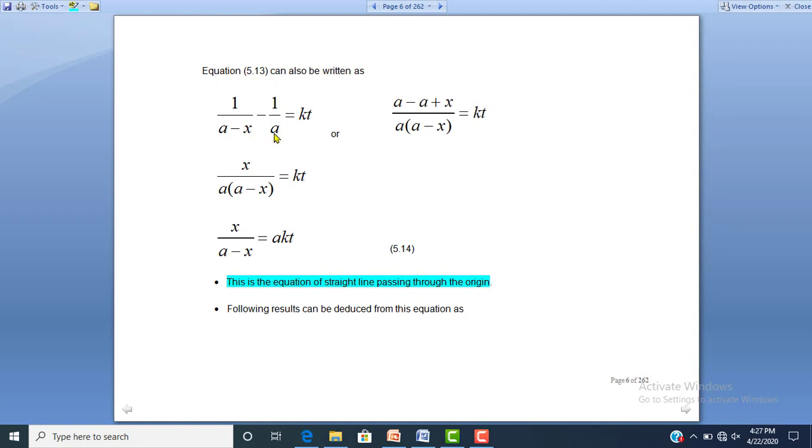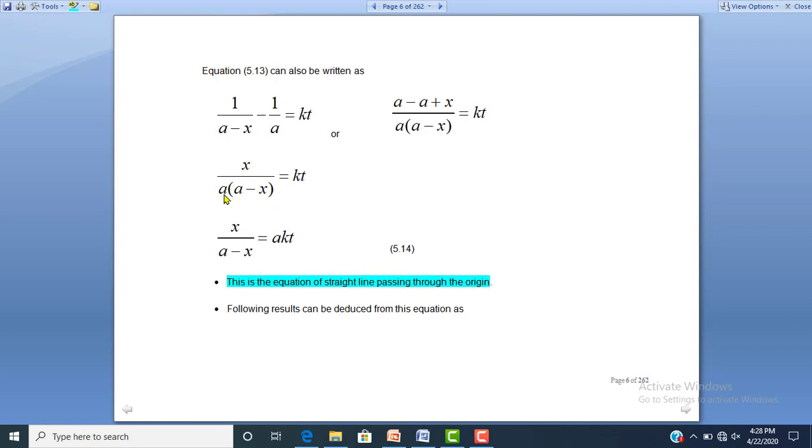So by taking the LCM of the left hand side, this equation became a into (a minus x) in the denominator and a minus a plus x in the numerator. So the equation became x divided by a into (a minus x) is equal to kt.